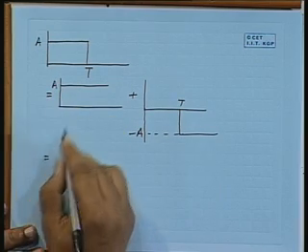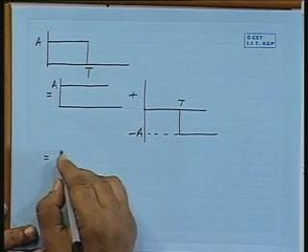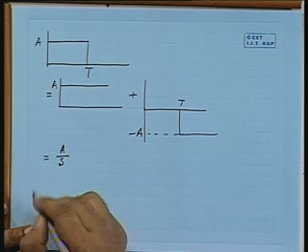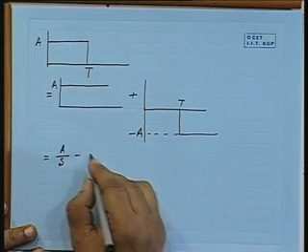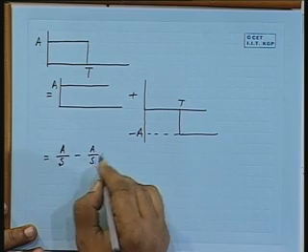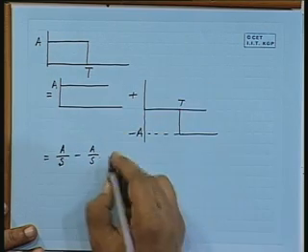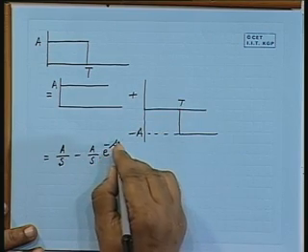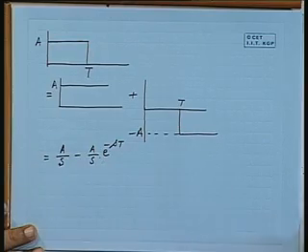So, what will be the Laplace transform of the first function? A by s, shifted by t, so multiplied by e to the power minus s t. Just now we have seen that if a function is shifted by tau, the original Laplace transform is multiplied by e to the power minus s tau. So, this is a by s into 1 minus e to the power minus s t.